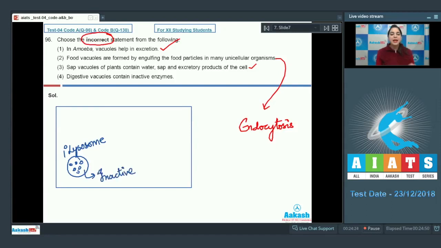They are inactive, and once they attain an acidic pH, they turn active. And when this primary lysosome combines with the engulfed food particle, again it fuses with it to digest it.